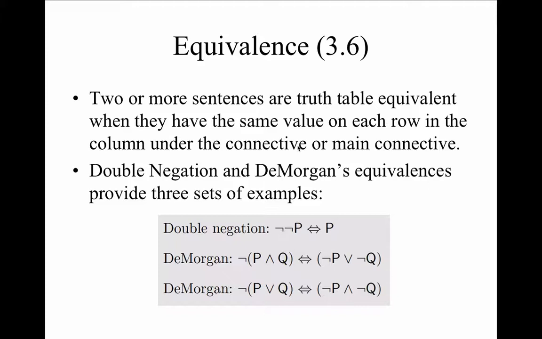Okay, so what I'm going to do is take us to Boole, where you will see that I have already laid out the atomic sentences for the double negation equivalence and the two DeMorgan's equivalences.